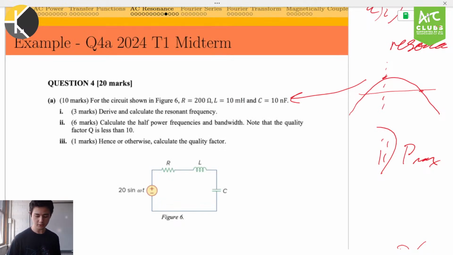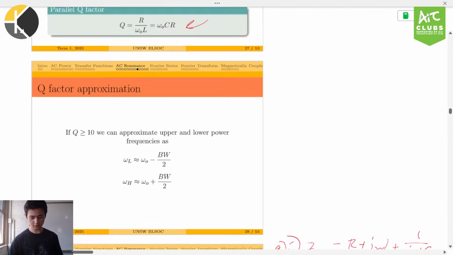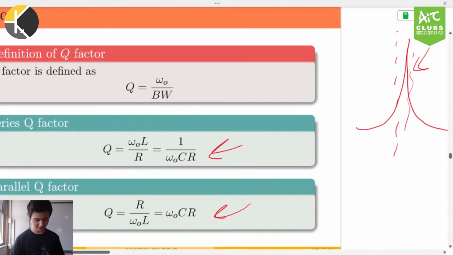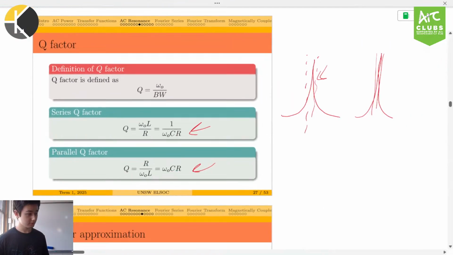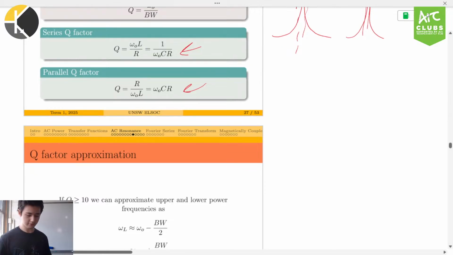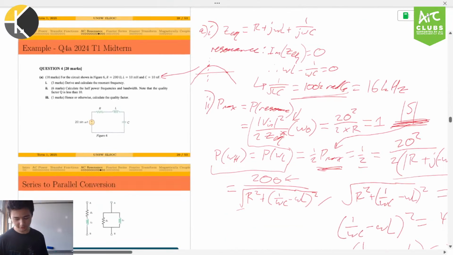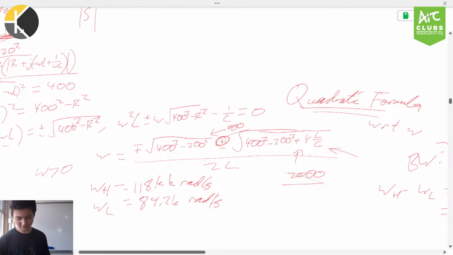Now, quality factor, you might think, oh, wait, couldn't I just use the series quality factor? It gets a little touchy at certain circuit scenarios. This is a nice estimate, I must say. However, we actually get something a fair bit off.